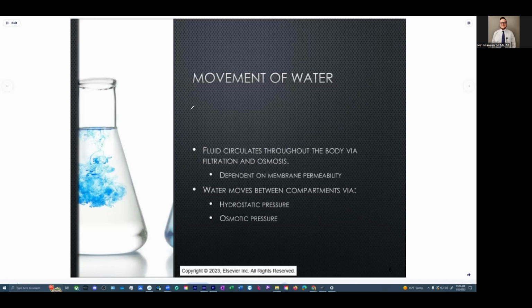So when you're talking about the blood vessels, especially arteries, right, their pressure is going to be higher, and whatever pressure they're exerting against the blood vessel, that's hydrostatic pressure. And when the pressure is high enough, it's going to push stuff that can go through this membrane out. So that's fluid, that's electrolytes, that's oxygen, whatever it is. It's going to push some of these small molecules, solutes out that can go through the membrane.